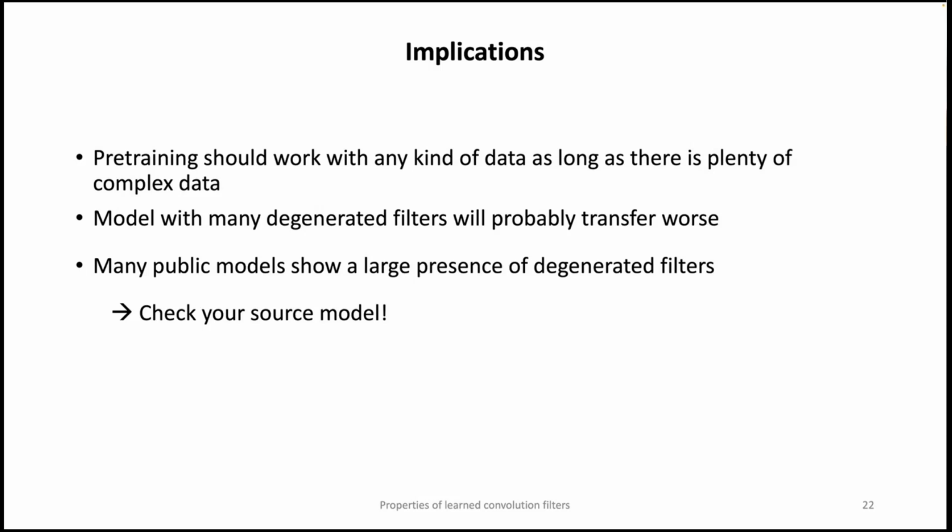So we have found a lot of these degenerated filters in public models that are used for pre-training. So we suggest that you really take a look at the source model if you use transfer learning to understand if this model is actually suitable for pre-training, because if it has too many degenerated filters, you will probably want to look at something else.